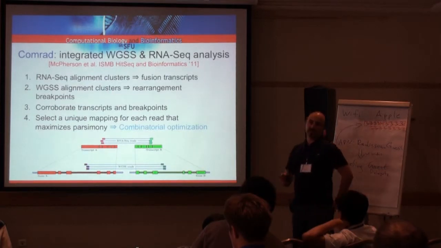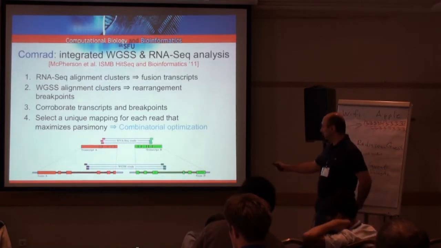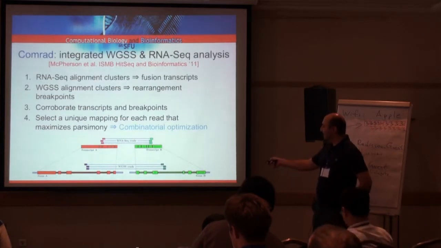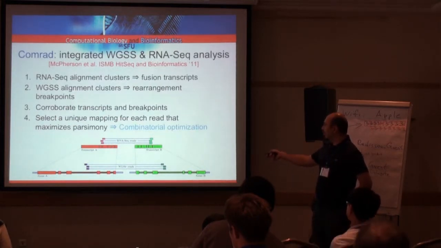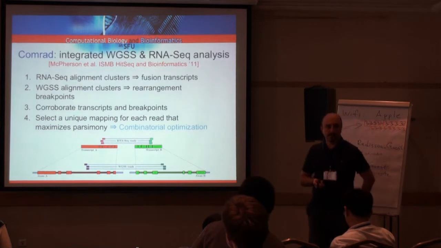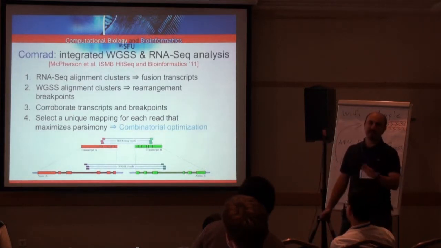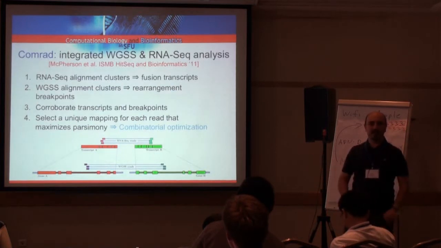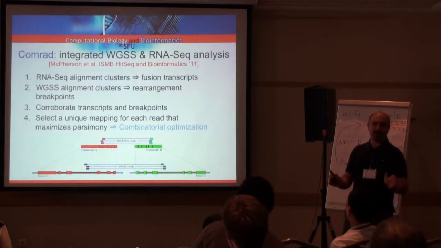So the biggest challenge that we face is figuring out whether a particular structural variation in the genome corresponds to an aberration, a fusion in this case, in RNA-seq. This is done still in an ad hoc way, and I'm not very proud of what we do. In a way, it is an open problem.